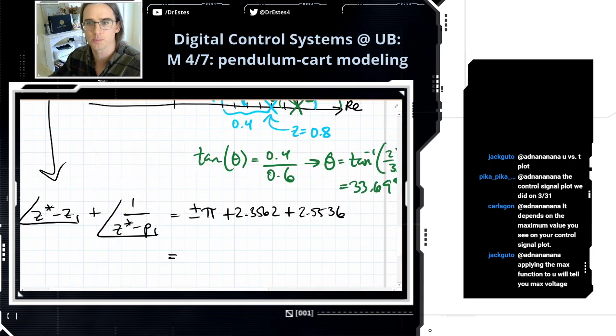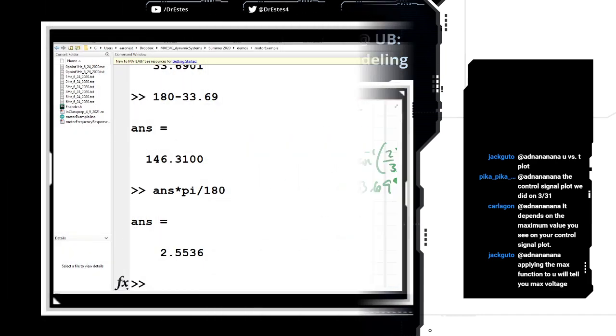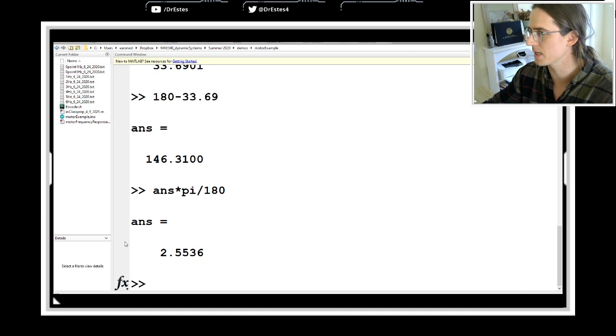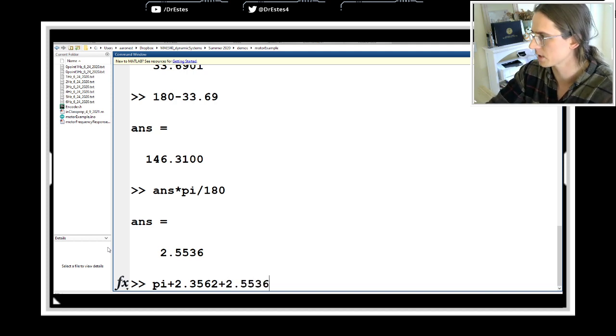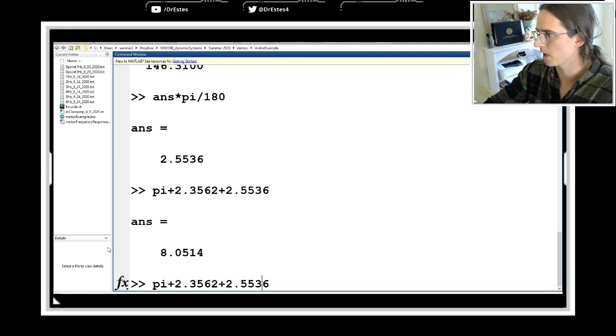If you do the plus or the minus pi, you'll get a different answer here, but you'll get the same angle. So plus 2.3562 plus 2.5536. Let's also do the minus pi version of that.